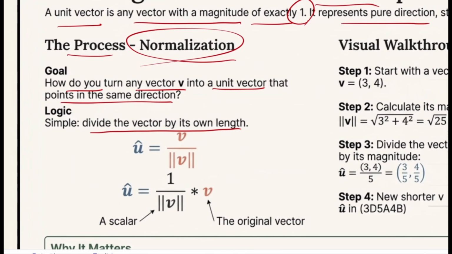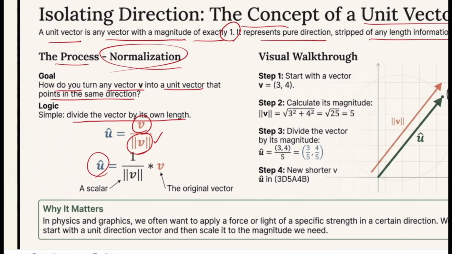If you remember, when we found the norm of v itself, it was a number, right? So if I divide the whole vector by that number, we know how to do that. We divide the x and y steps, both of them, by the norm of v. And finally I have u hat, the normalized version, or the unit vector.